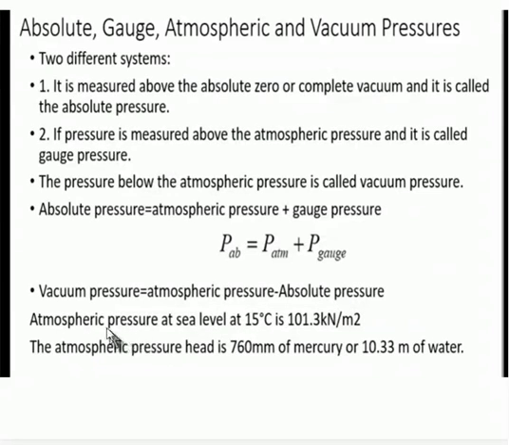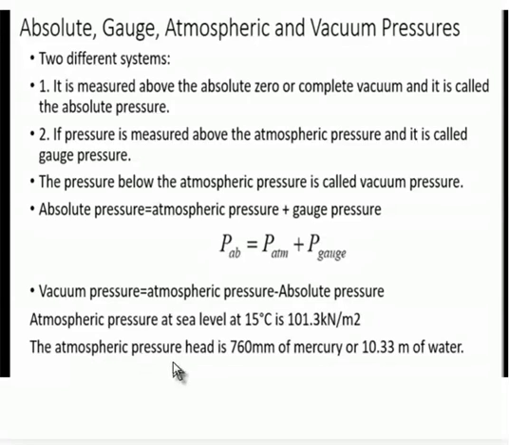Next, atmospheric pressure at sea level at 15 degrees Celsius is 101.3 kilonewton per meter square. We can measure the atmospheric pressure at sea level, and if the sea level is maintained at 15 degrees Celsius, then it becomes 101.3 kilonewton per meter square.